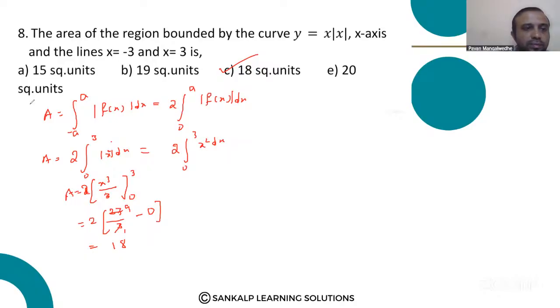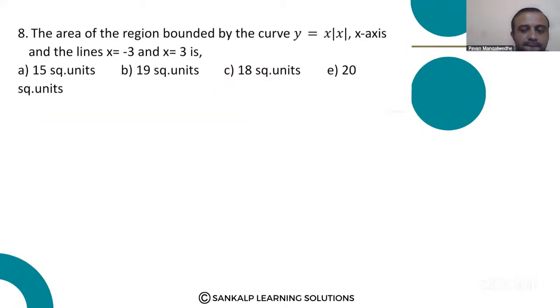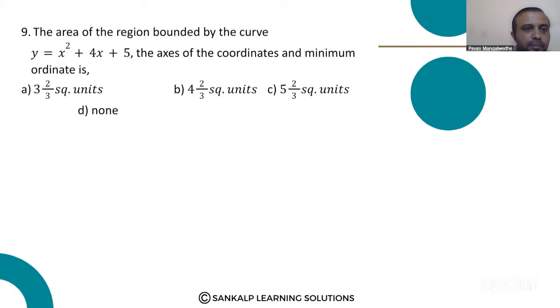So next one is the area of region bounded by the curve y is equal to x square plus 4x plus 5, the axis of the coordinates and minimum ordinate. Option A is 3 integer 2 by 3 square units, B is 4 integer 2 by 3, C is 5 integer 2 by 3, and option D is none of these.